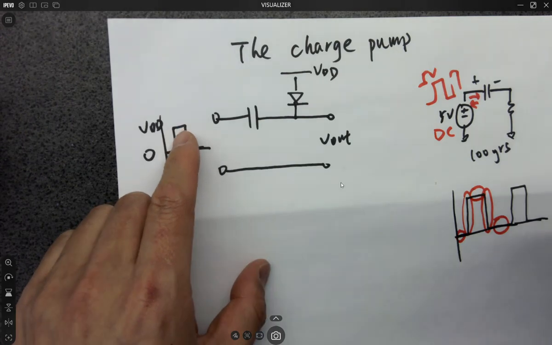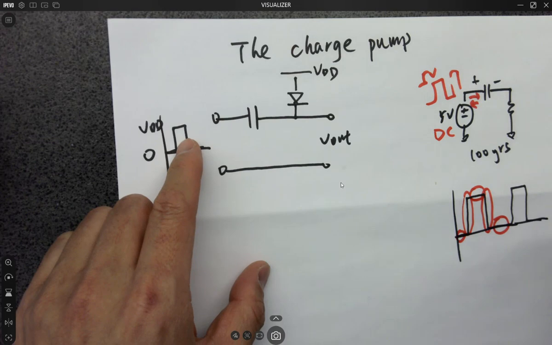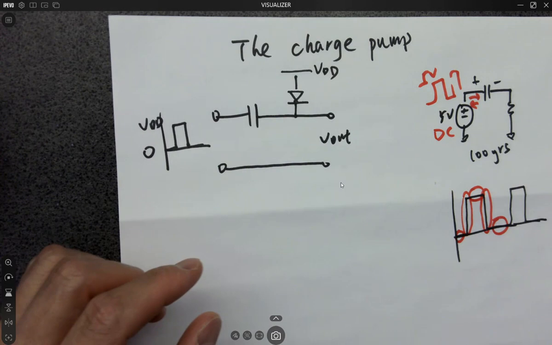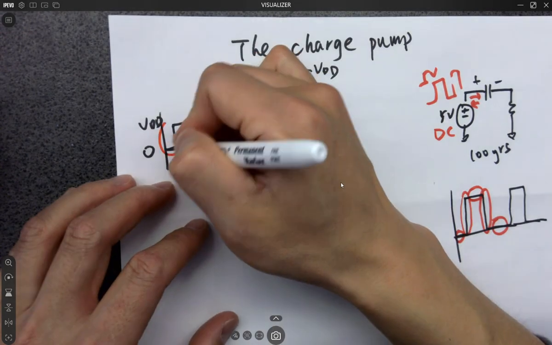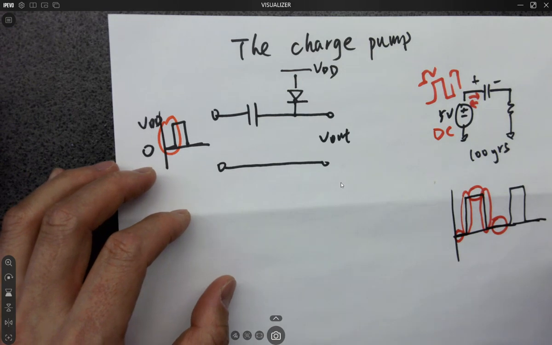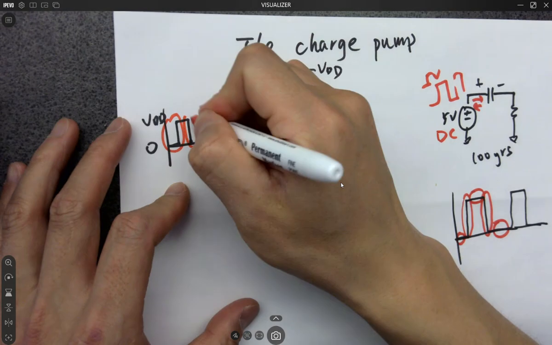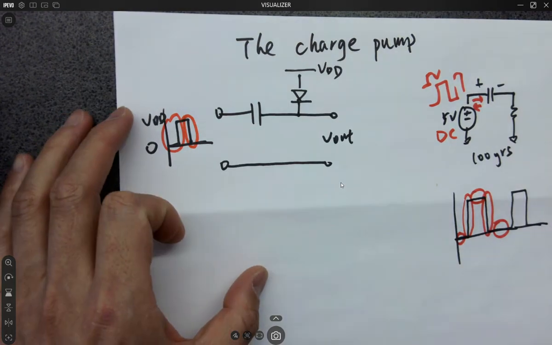But that's not something we want to worry about. It's just whether there's any current flowing in or out of the cap or not. However, we only look at this point. It charges up the cap, then it stops. And when it's pulling down, it discharges it. That's something we need to know.